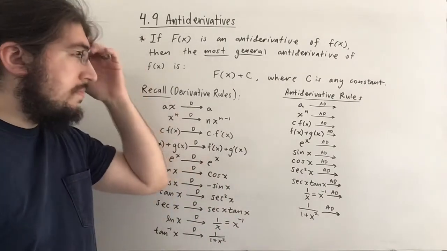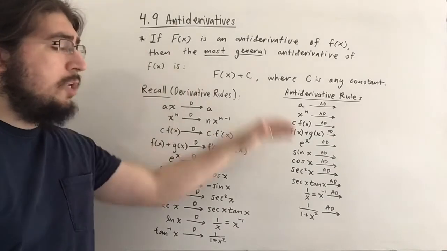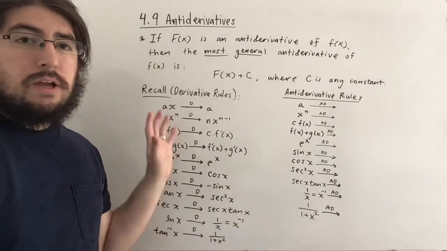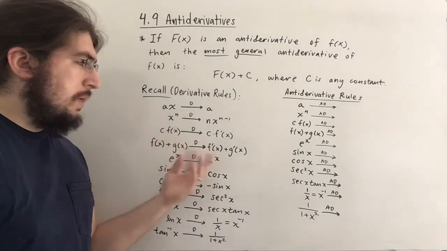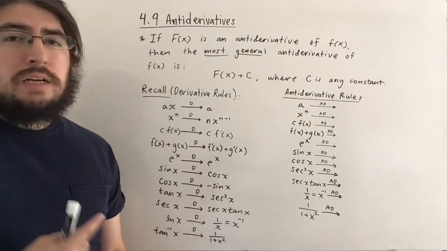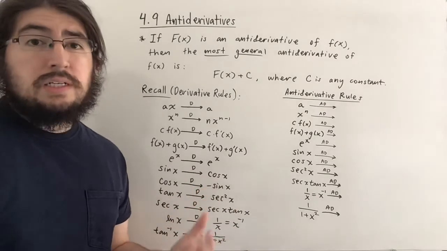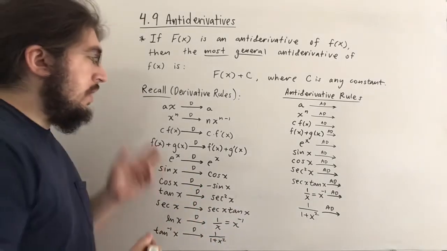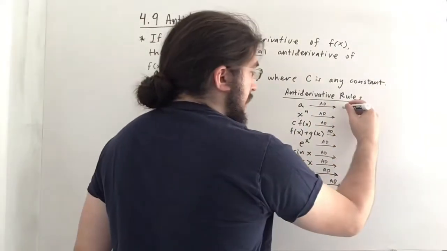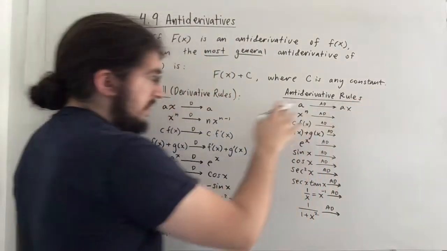But anyways, we're going to develop some antiderivative rules basically by using these in reverse. We're not going to get too technical. We're just going in reverse here. The most technical we'll be is essentially the power rule that we developed on the previous board. So the antiderivative of a is ax.